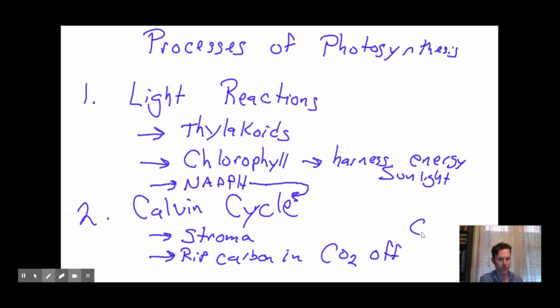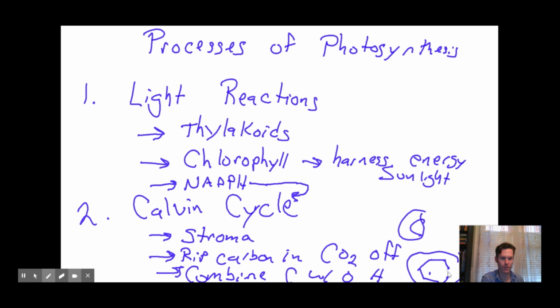So it has all these carbons now available, and then it's shoving those carbons together to form glucose. Okay? Combine the carbons with some oxygens and some hydrogens to form that sugar ring that I showed you a moment ago. Okay? And so that's the end game of photosynthesis, is to create this sugar ring.